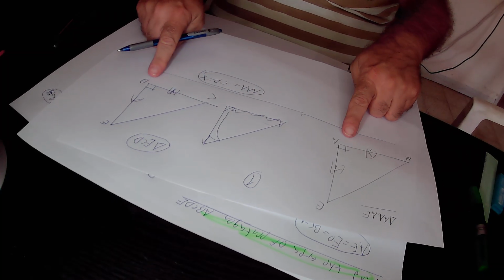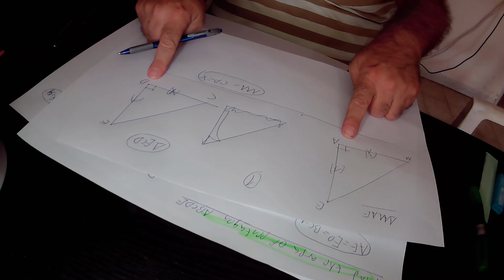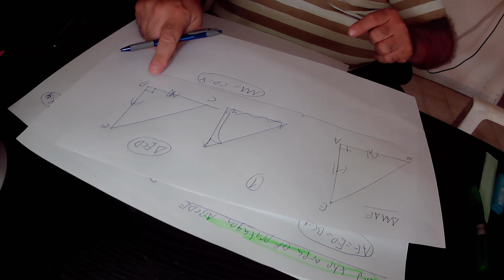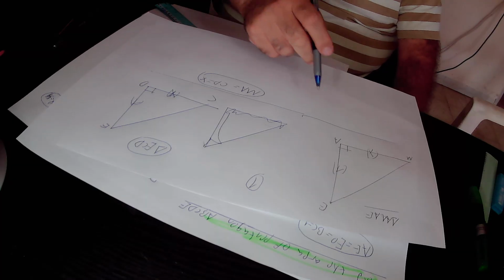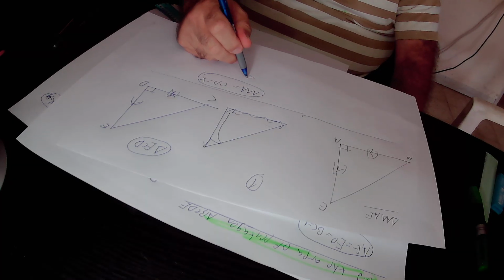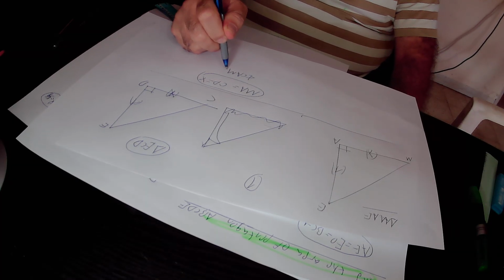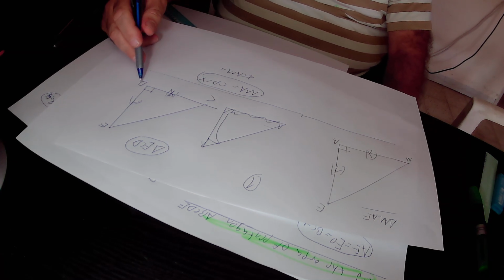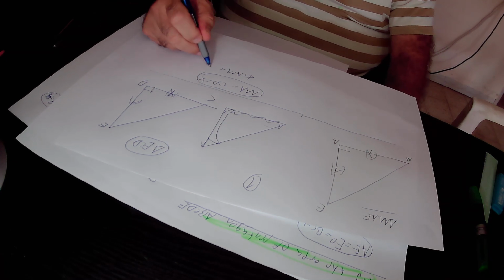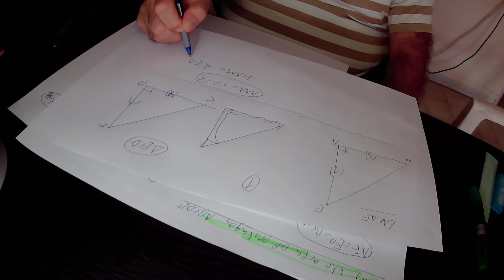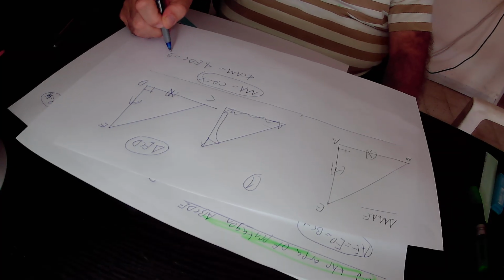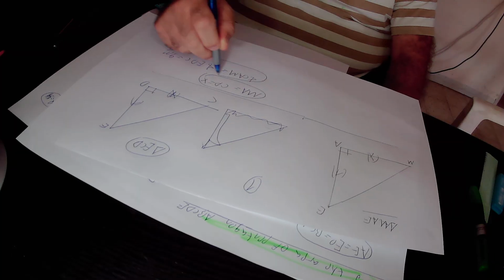In addition, those two angles are both equal to 90 degrees and therefore they are equal to each other. So this is angle EAM. This is equal to this angle that is actually angle EDC. They are both equal to 90 degrees and therefore they are equal to each other.